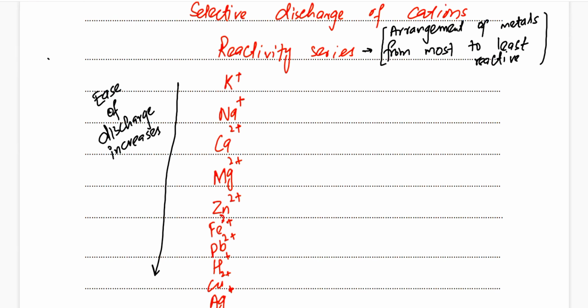The ones which are ionized hardly, the least reactive, are discharged first. The least reactive ones are discharged preferentially. Here I'm just going to tell you that sodium and potassium do not get discharged.